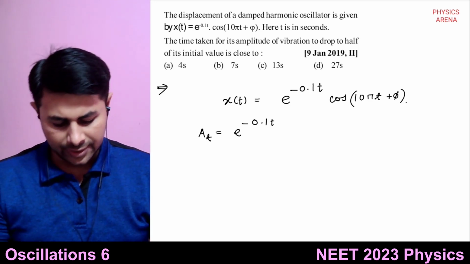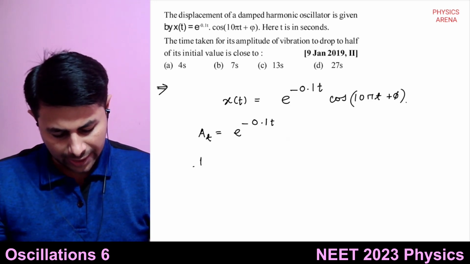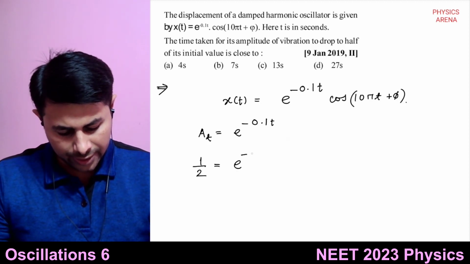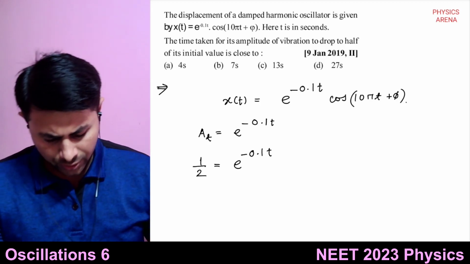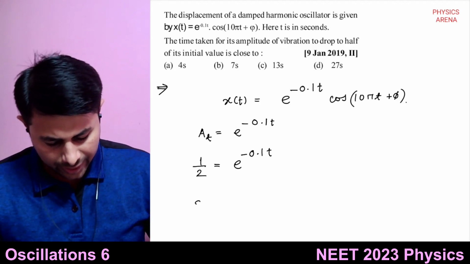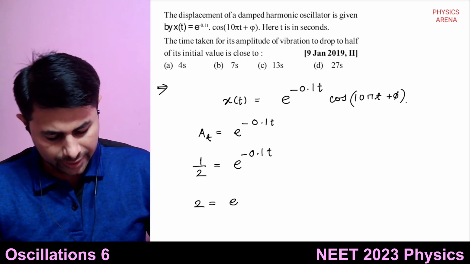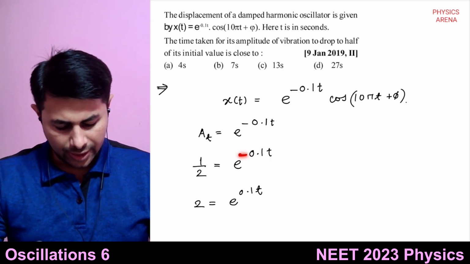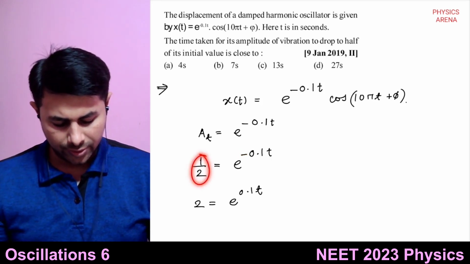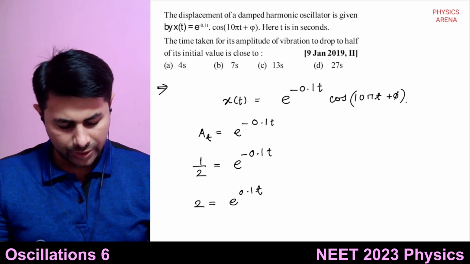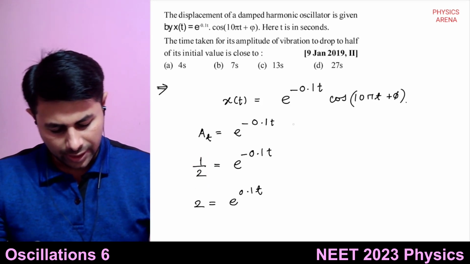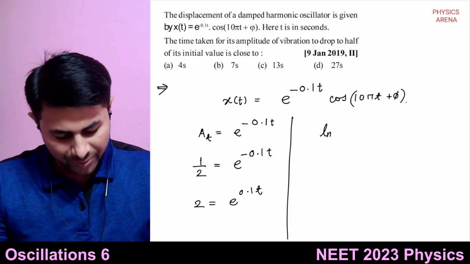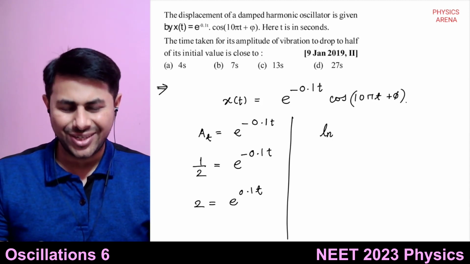Okay, so at some time, what happens? It becomes half. So half is equal to e raised to minus 0.1 t. So therefore, we can say 2 is equal to e raised to 0.1 t. What I have done is I have taken the reciprocal of this thing. After that, we have to take log of this. Okay, but which log? Natural log, right?